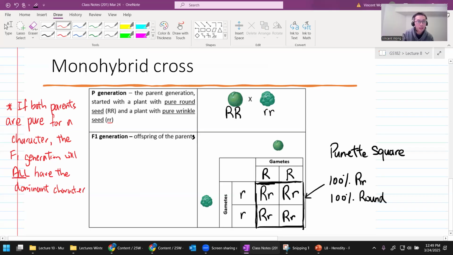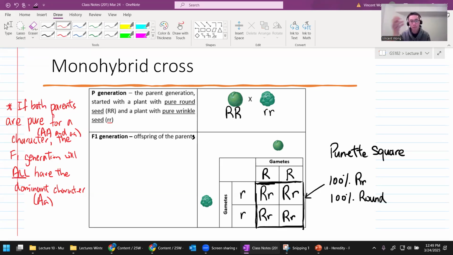If both parents are pure for a character, like big A big A and small a small a, the F1 generation will all have the dominant character. They will be big A, small a, but the dominant will always cover it up.